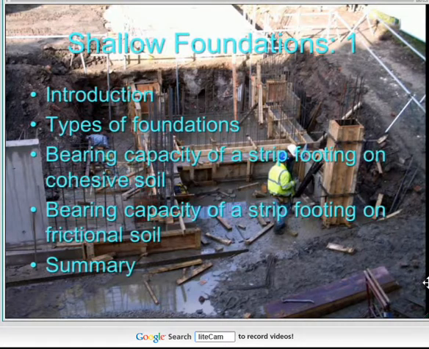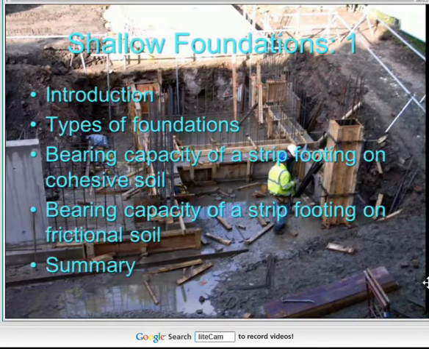Okay, in the last lecture, we had a look at some photographs of different types of foundations, and we realised they are shallow foundations, which are constructed near the ground surface. Normally they're constructed using things like the backhoe, or what you might call a JCB.